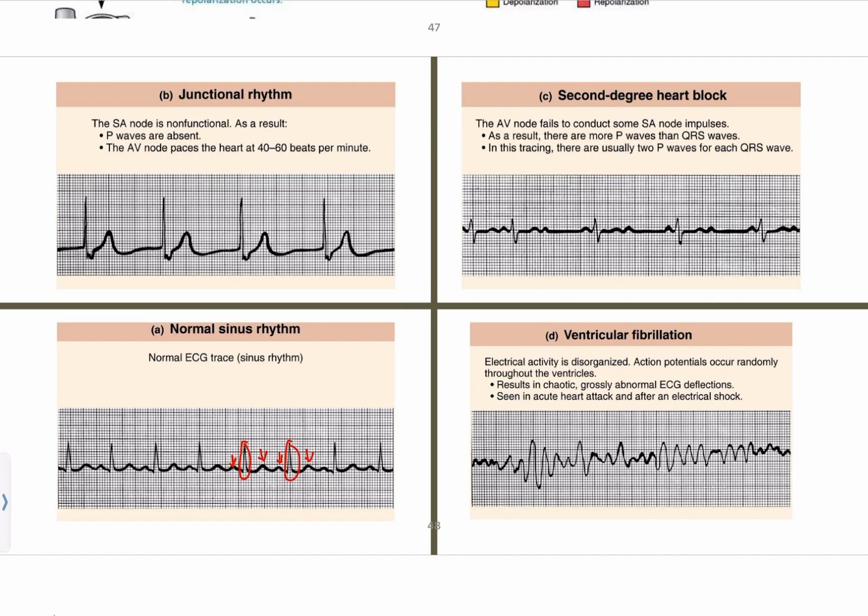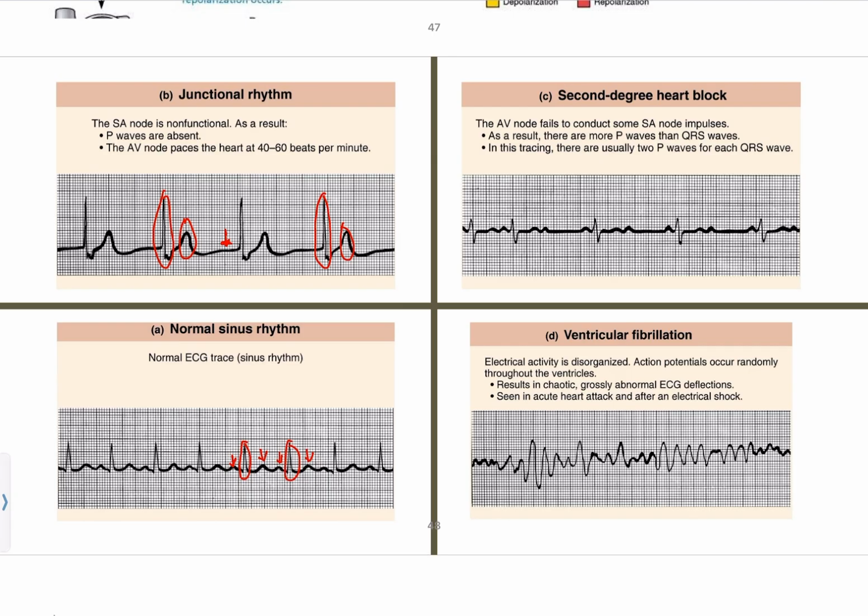That's junctional rhythm. If we look at this, we can see a QRS complex and a T wave, a QRS complex and a T wave, and we don't see any P wave. The P wave should be here. If we don't see a P wave, that means there's something wrong with our SA node because it's not sending the signal to the AV node to allow for atrial depolarization, which is what the P wave represents.